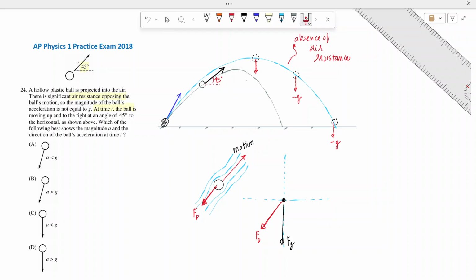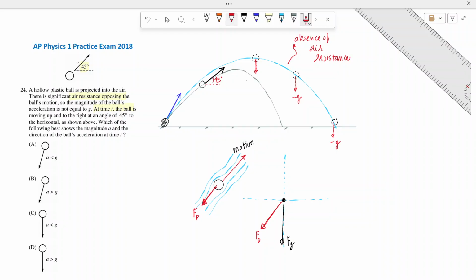The one component is towards the left, which tries to pull the ball backward and does not allow the ball to go that much horizontal distance. That's why it covers less distance. As well as the vertical component of this drag force pulls the ball down. That's why the ball doesn't go to that vertical position in which it goes in the absence of air resistance.